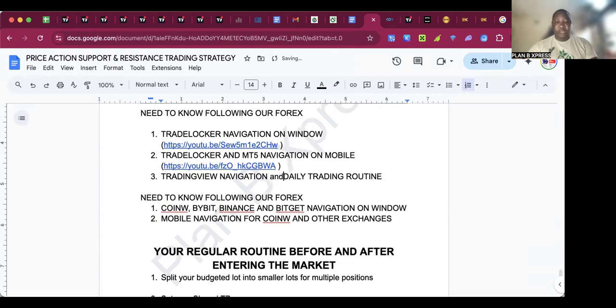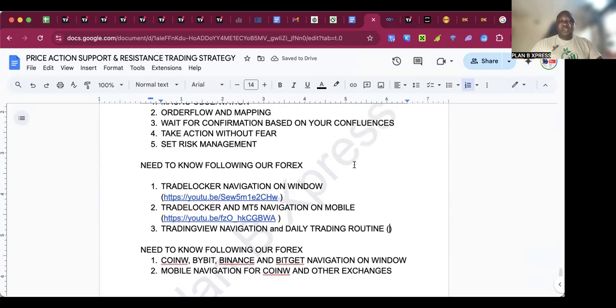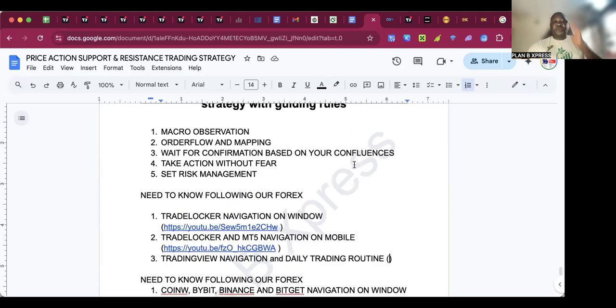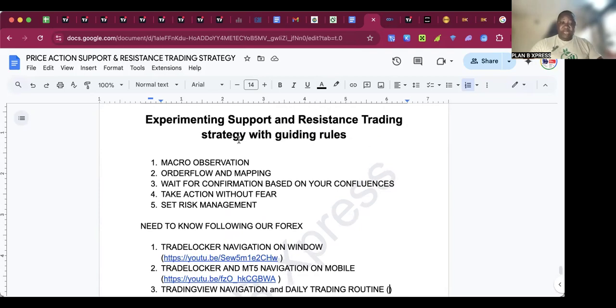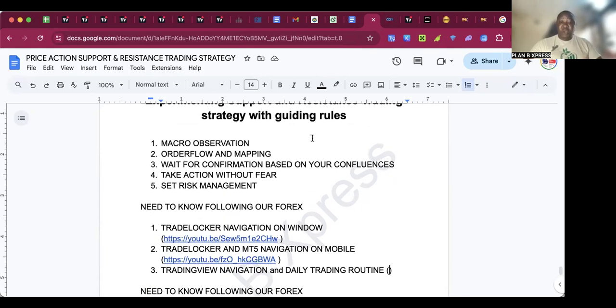So now let's quickly go. What's your daily routine? It's the same thing. So first, you want to go to macro. Your daily routine is experimenting with a support and resistance trading strategy with guiding rules. Number one, macro observation: you go to news and update.